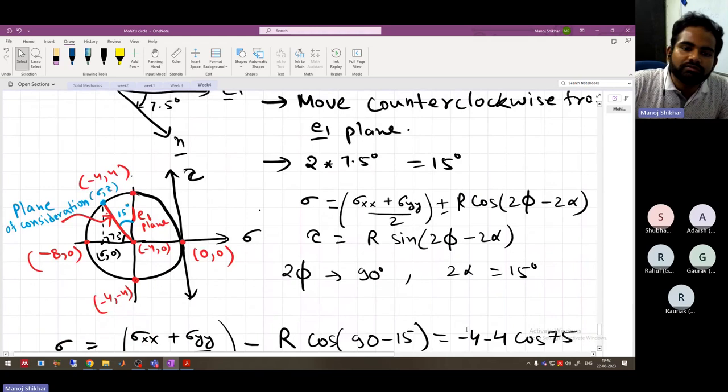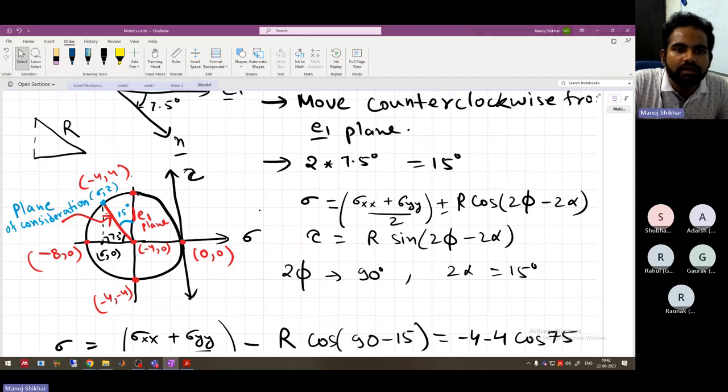What if you don't want to use this formula? Then also you can see that you have this triangle here. This triangle has R here, and you knew that this angle is 75. I was going through that method also, then I forgot to mention it.